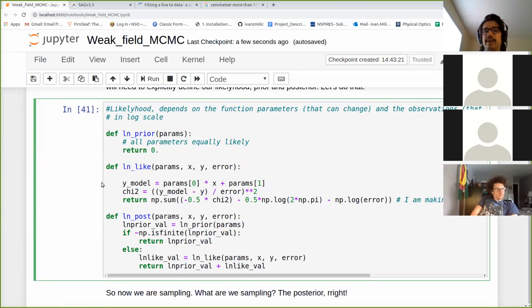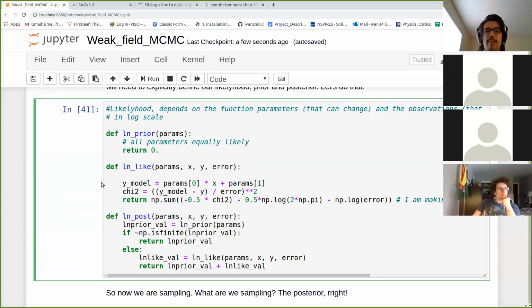The prior is the function which contains the information about the prior probability density function of your parameters. For example, if you already did some analysis of other data which involves the same quantity, you might have some prior beliefs about how your parameters look.